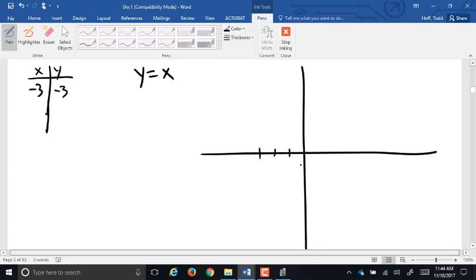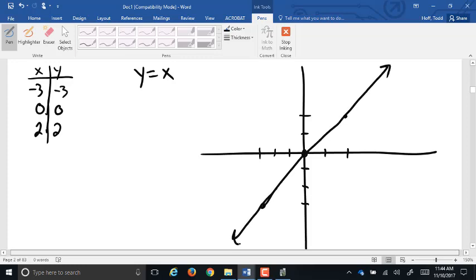So 1, 2, 3, right there. If x is 0, what's y? 0, right there. How about if x is 2, what's y? 2. 1, 2, right there. You can see that makes a nice little line going corner to corner, a 45-degree angle across our graph.